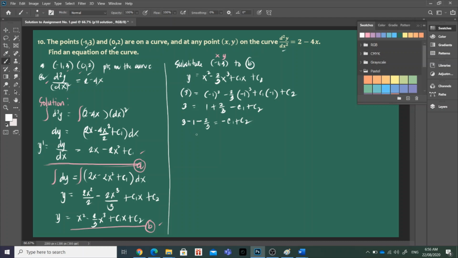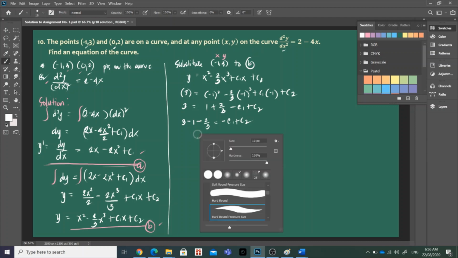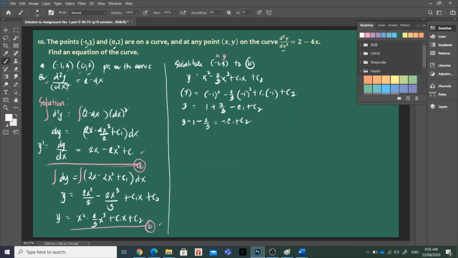Let's say c sub 2 minus c sub 1 is equal to 4/3, using your calculator. Or pwede rin lipat natin sa kabila c sub 1. C sub 1 is equal to c sub 2 minus 4/3.